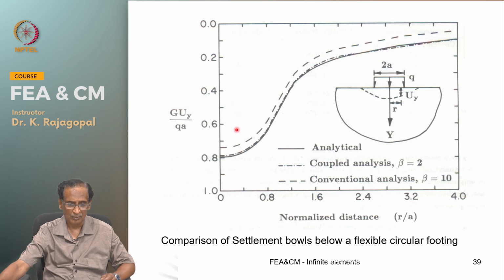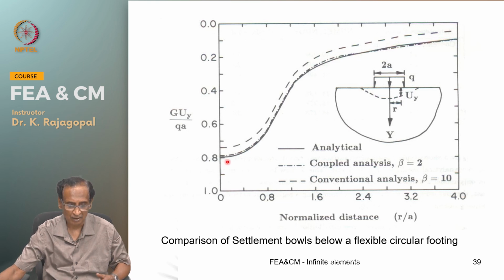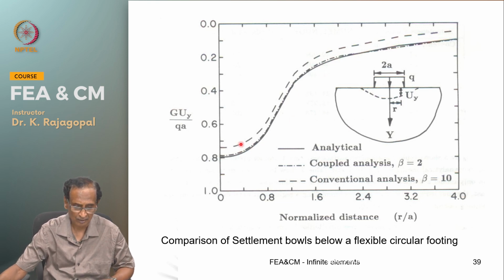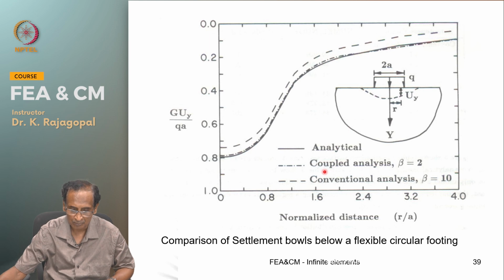This is the settlement bowl. This dark line is the analytical solution, and this is our coupled analysis with beta of 2, and this is the conventional analysis with a beta of 10.